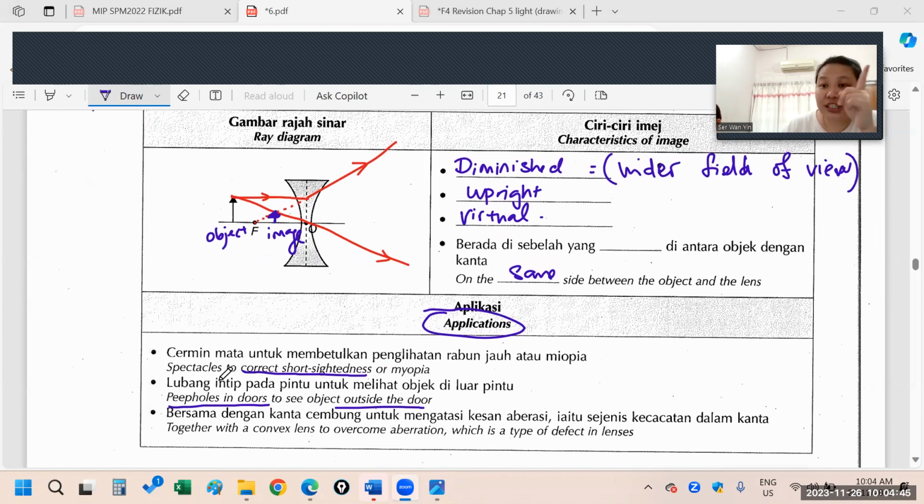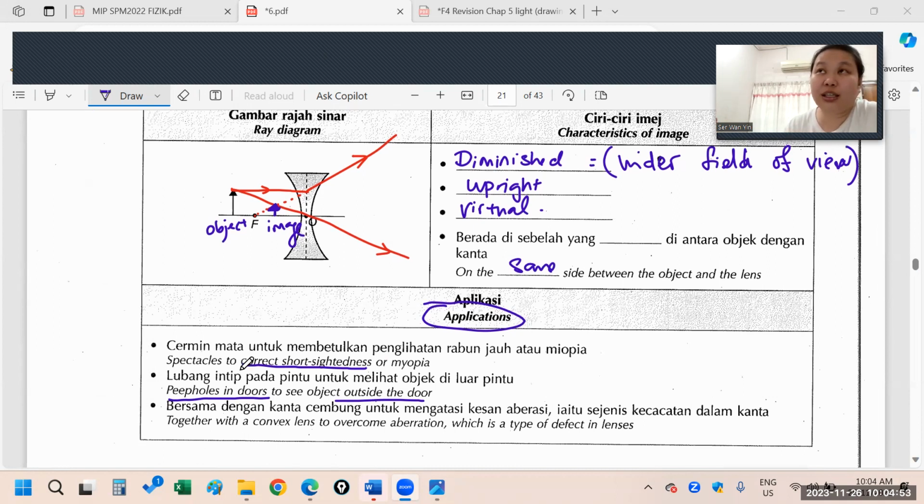We always use CCTV, closed circuit television. Okay, so together with convex lens to overcome aberration, which is a type of defect in lenses.